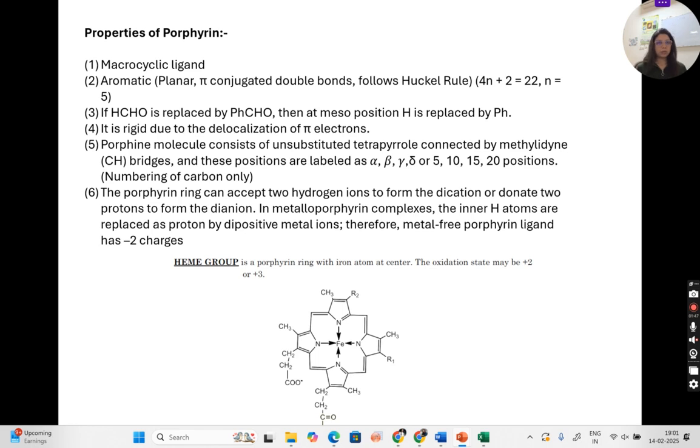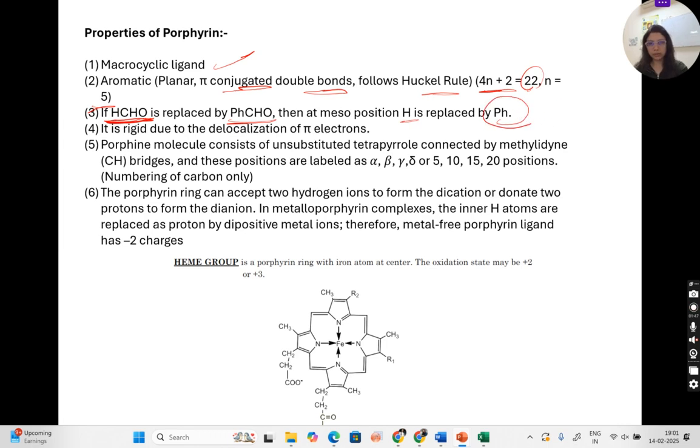So now, starting with the properties of porphyrin. It is a macrocyclic ligand. It is aromatic, planar, with pi conjugated double bonds following Huckel's rule, 4n+2, having 22 electrons where n is 5. We already studied that it is made of HCHO, and if it is replaced by PhCHO, then at the meso position H is replaced by a Ph group.